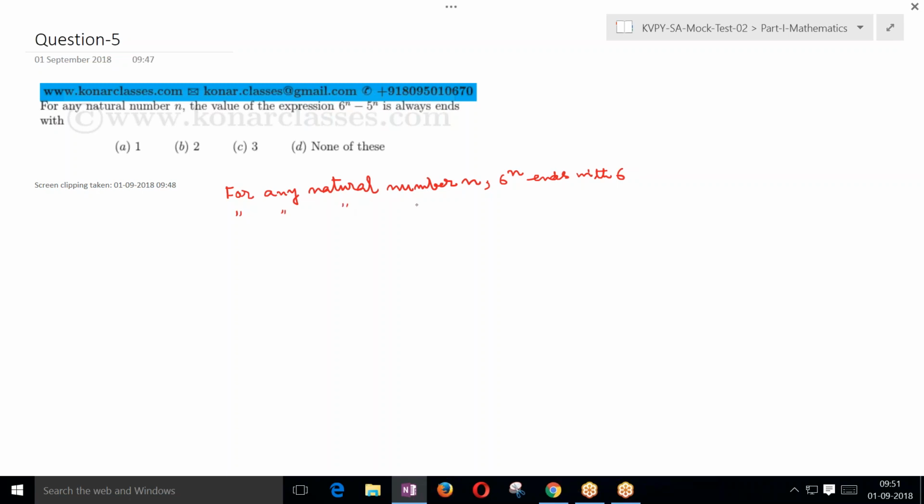Similarly, for any natural number n, 5 power n ends with 5. So that implies what? For any natural number n, 6 to the power n minus 5 to the power n ends with 6 minus 5. That is 1.